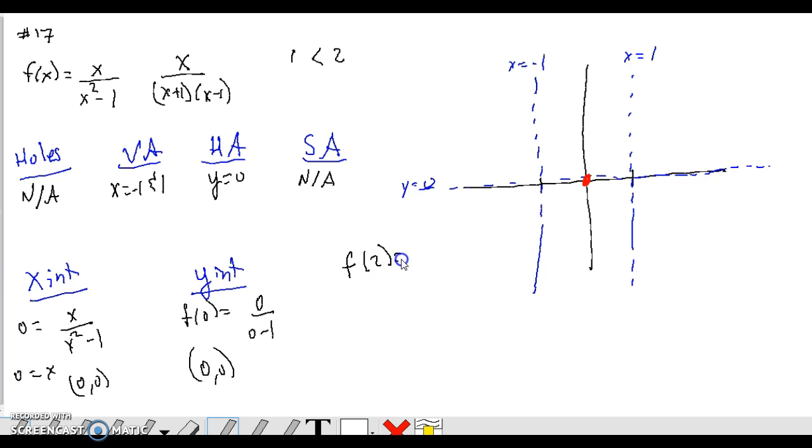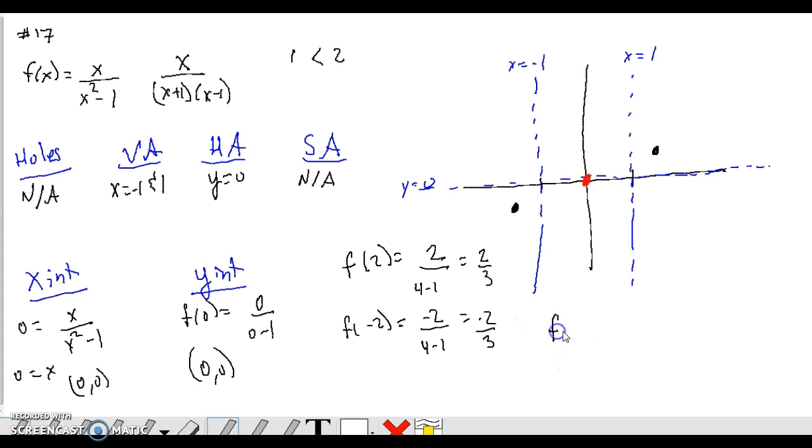Let's plug in 2 first and see what's happening over here. So 2 over 4 minus 1, so that will be 2 over 3. So that will be up on this side. If I plug in -2, this will be -2 over 4 minus 1, which gives you -2/3. So it looks like we're down here at -2.